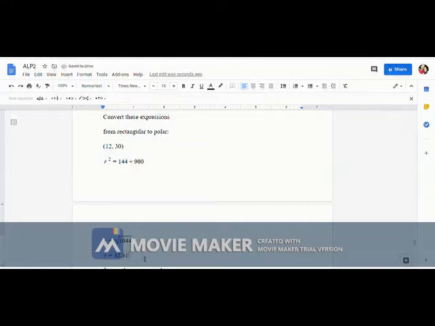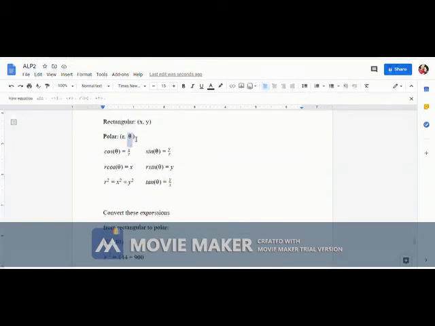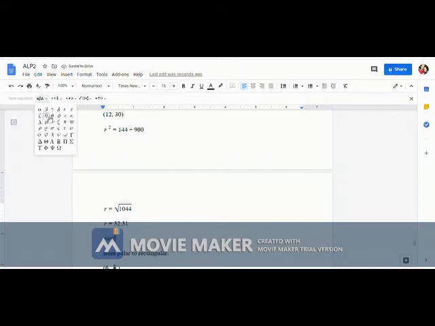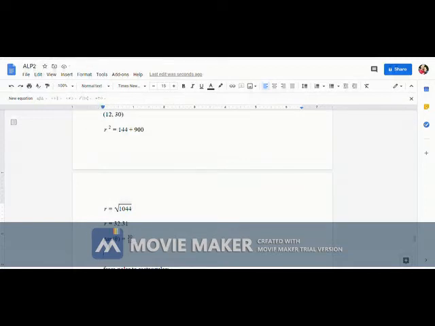Then in order to get polar coordinates, we need theta here, so we'll use the relationship of tangent theta equals y over x, or 30 over 12, and we can put that into a calculator and take the inverse tangent of this fraction here and see that theta equals 68.2 degrees.